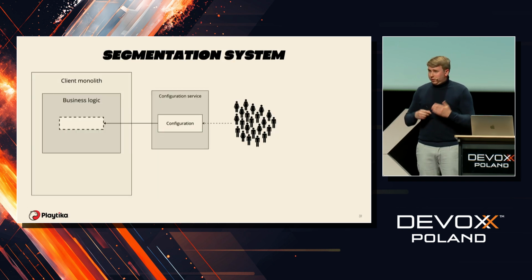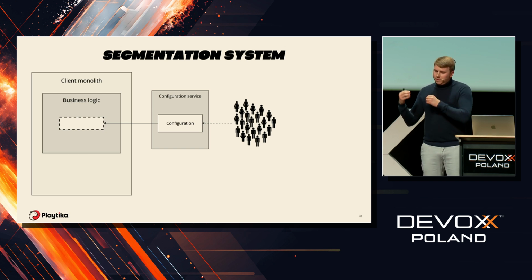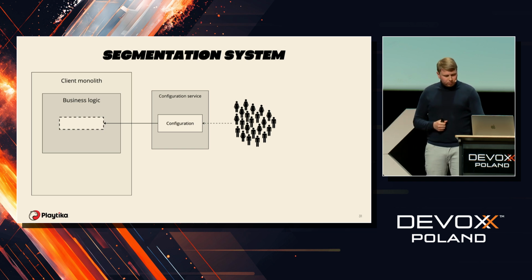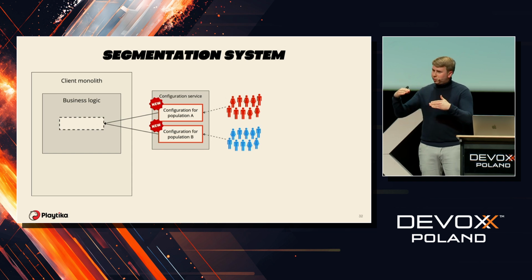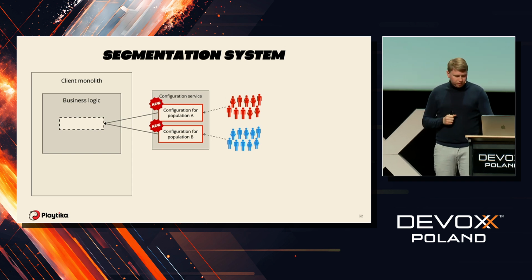And we started building the segmentation system. So there is already the configuration service, which we discussed before. The application can download configuration from this service, and configuration is provided for a whole population. Assuming that we want to provide two different configurations, one for population A and a second one for population B, we put those two configurations into the configuration service.